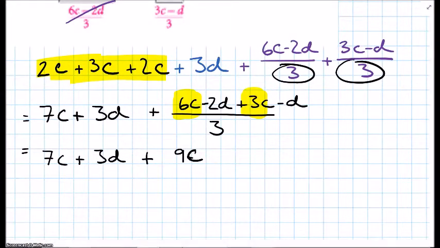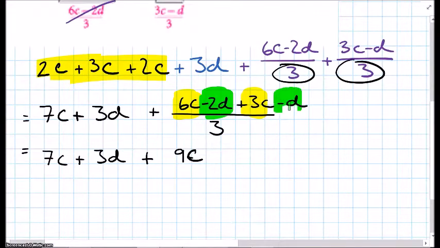And I have a negative 2D and a negative D. So that would be negative 3D, still all over 3.